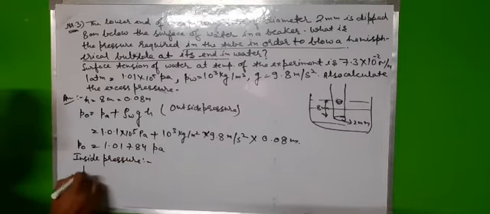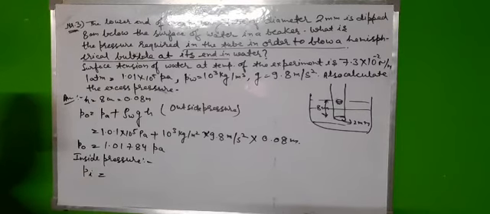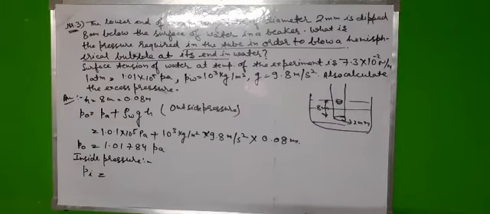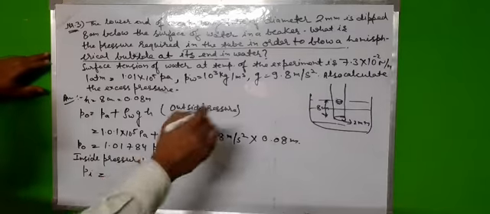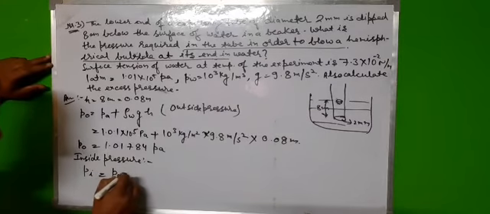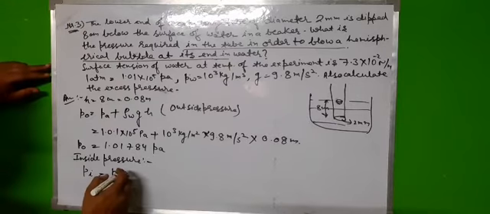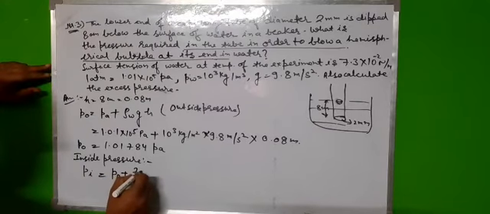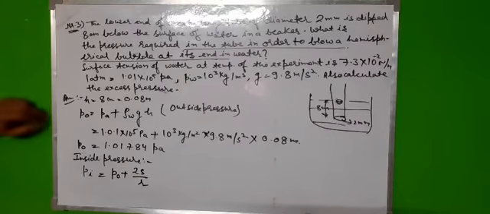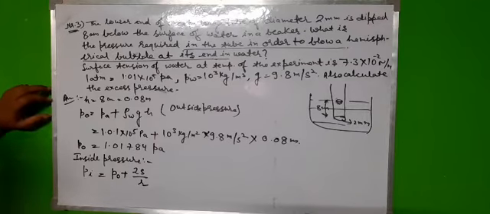This inside pressure Pi is equal to what? That is the outside pressure plus the surface pressure 2S upon r, the inside pressure required in the tube in order to blow the hemispherical bubble.